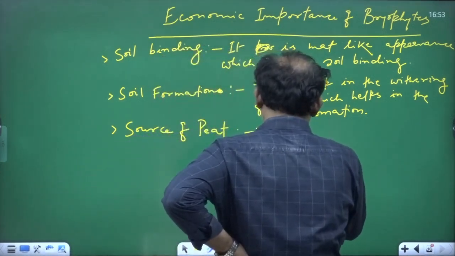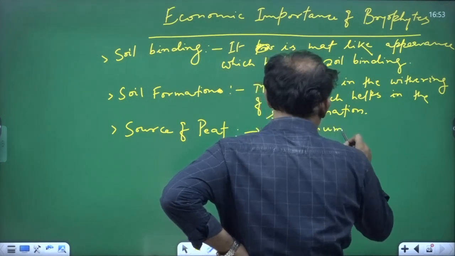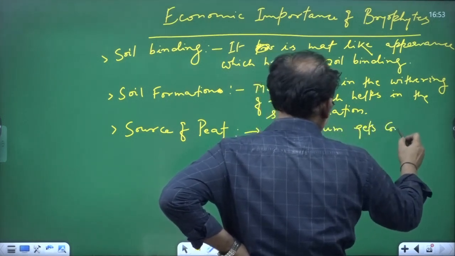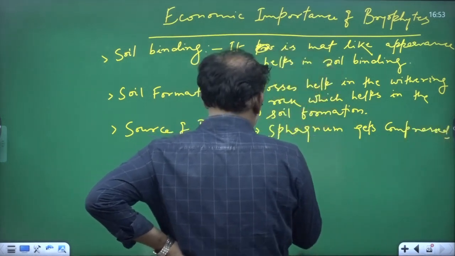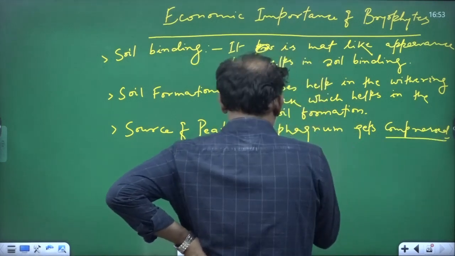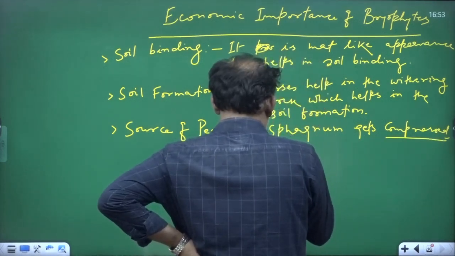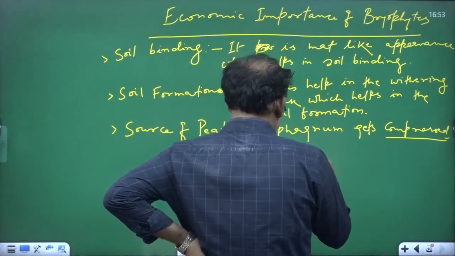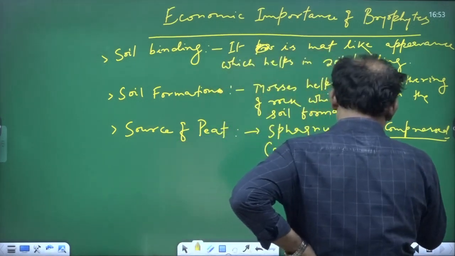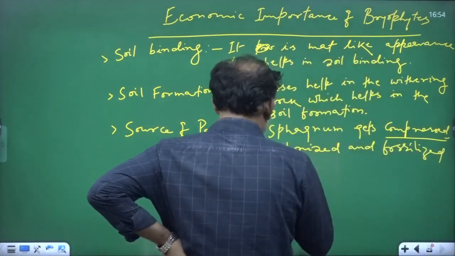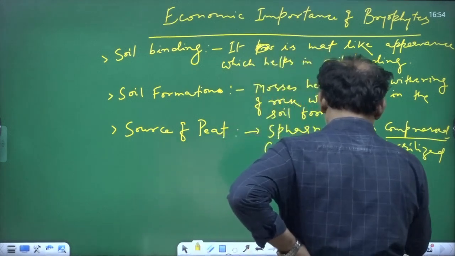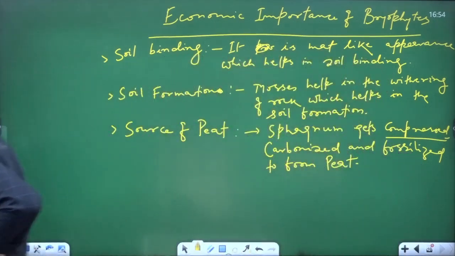Sphagnum gets compressed, carbonized, and fossilized to form peat. Now the source of peat is done.